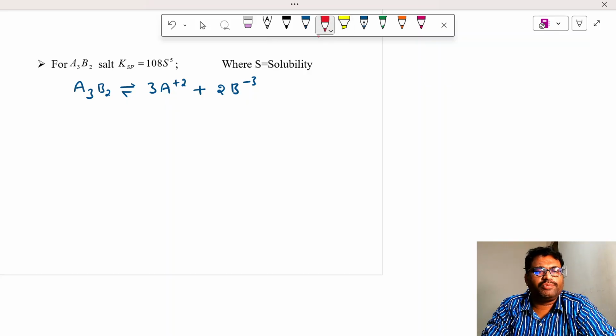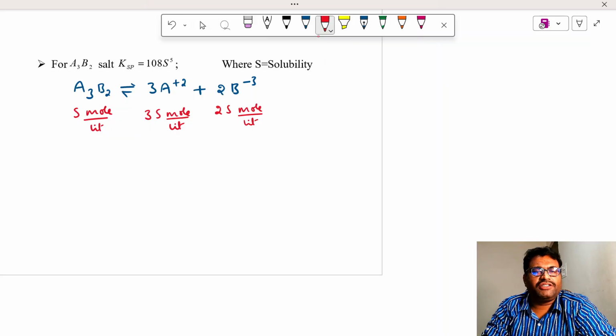Let us see. If the solubility of A3B2 is S mole per liter, then what you get here? 3 into S mole per liter of A plus 2 is formed. 2 into S mole per liter of B minus 3 is formed. Then what will you write as KSP here?